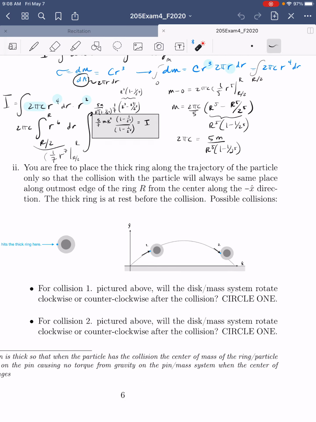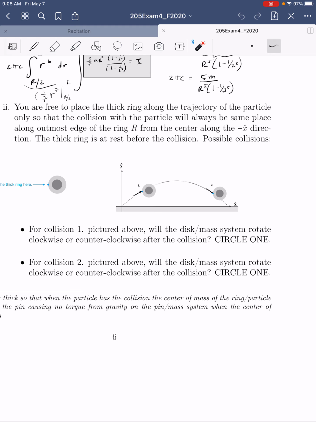So the idea is for this thick ring, I'm going to be placing it somewhere along the trajectory of the particle so that I have a collision. And it said earlier, it's not just a regular collision, it sticks to it. Other important pieces of information is a thick ring starts at rest before the collision.